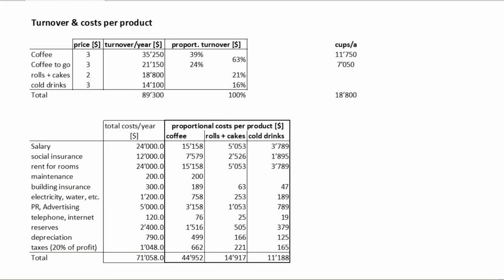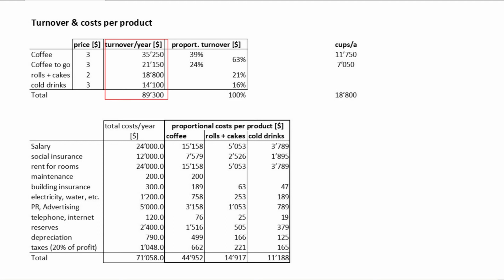Here I have this sheet already prepared. On the left side, I listed all my products. I have coffee to go, rolls and cakes, and cold drinks, with the annual turnover. These numbers I also got from the profit and loss statement.